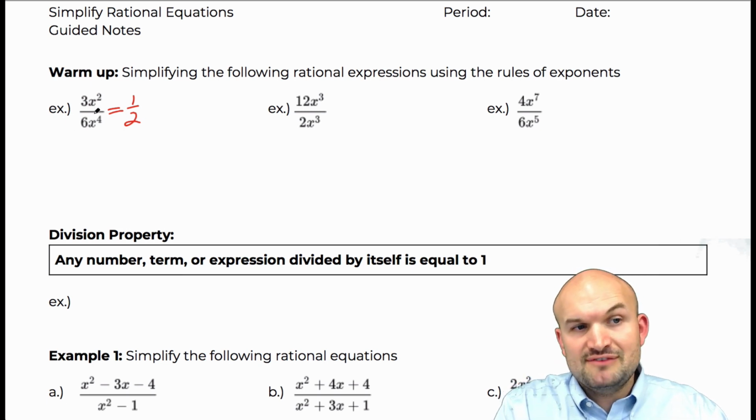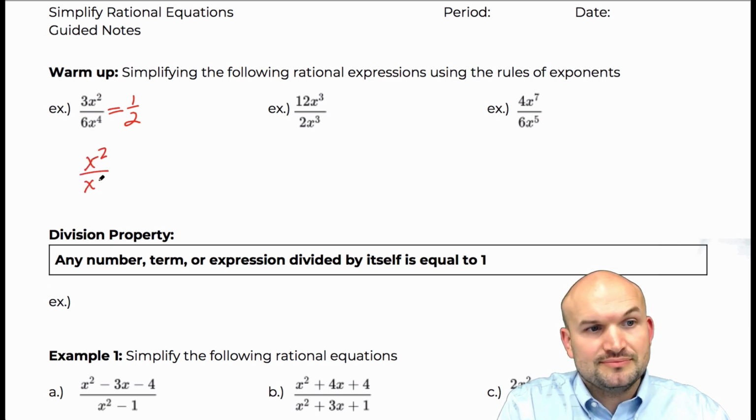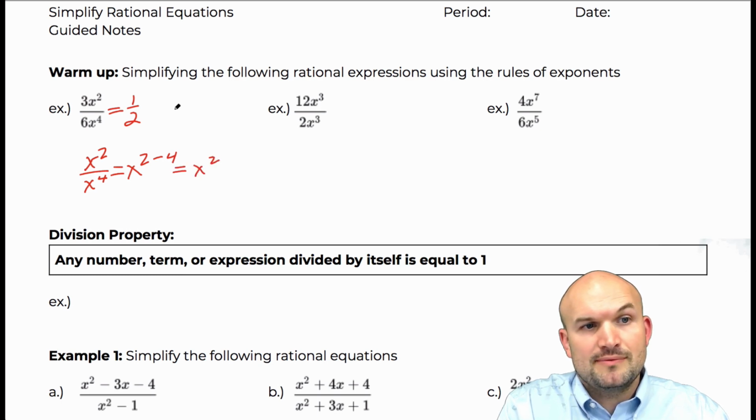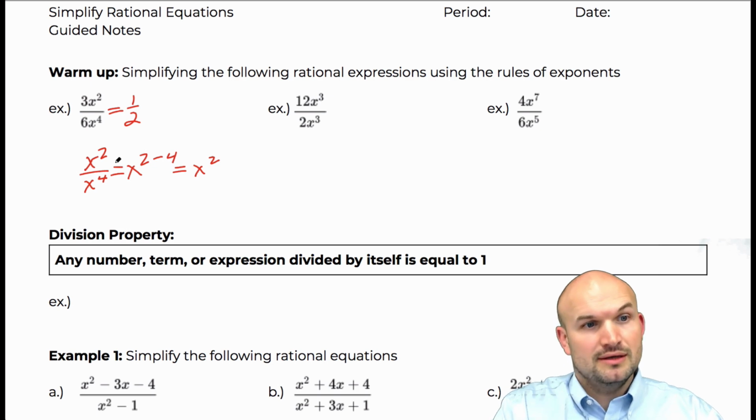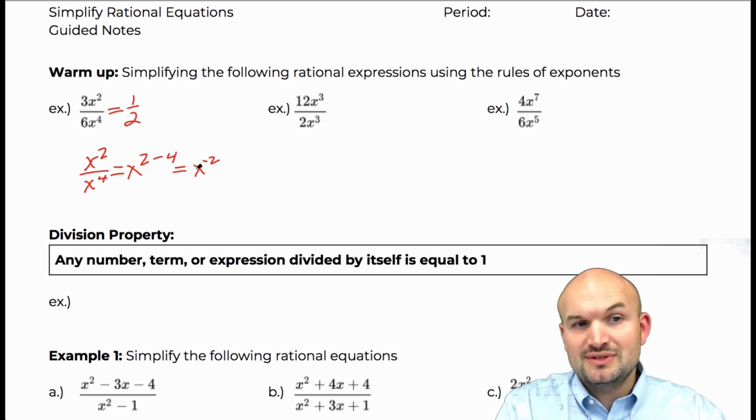Now, as far as dividing variables or exponents, remember that the rules of exponents state that when you divide these, you subtract the powers. So x to the 2 minus 4, but we have to be careful here, because 2 minus 4 gives a negative power.